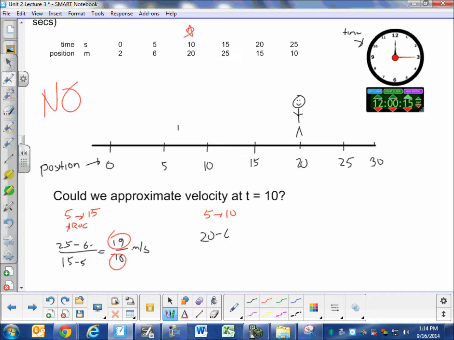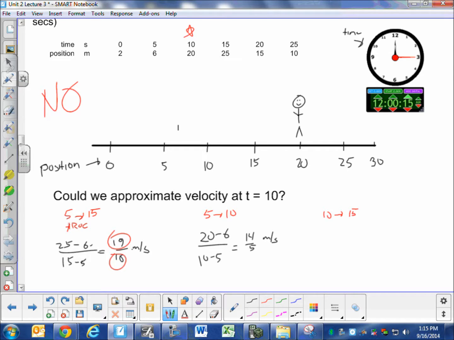You can do 20 minus 6 over 10 minus 5, 14 over 5. That would be meters per second. I could also do 10 to 15, another way to approximate this velocity at this time. You kind of look before, you look after, and you look over the course, and you see maybe we'll have a range of possible velocities.